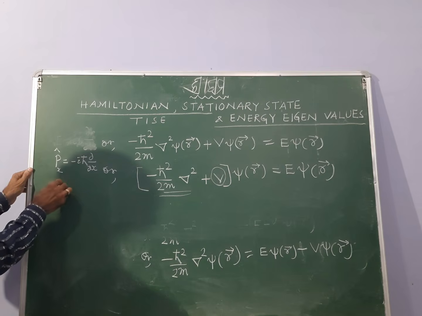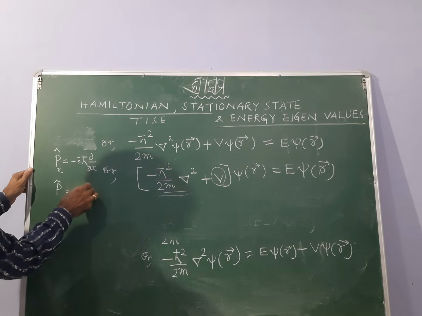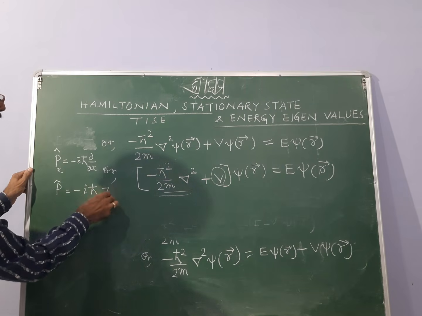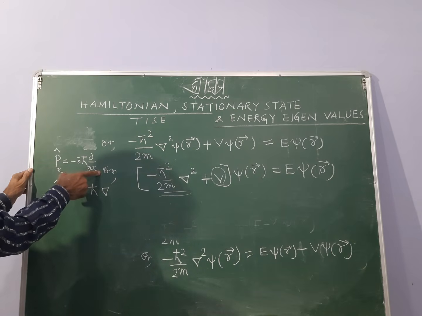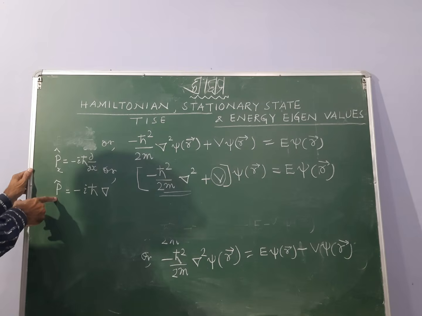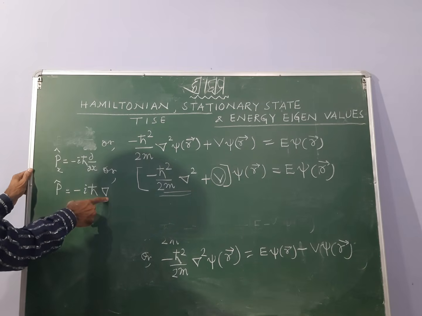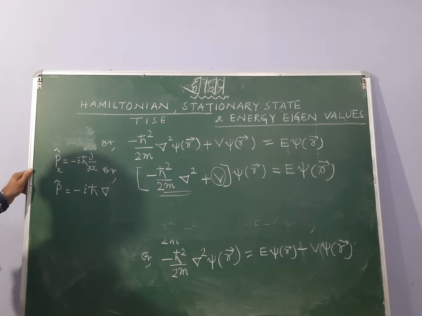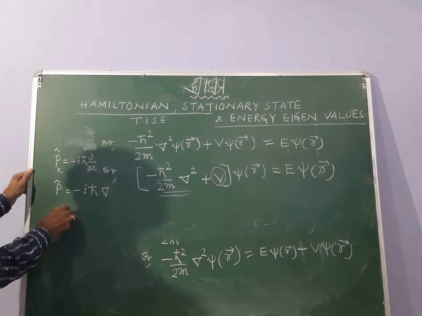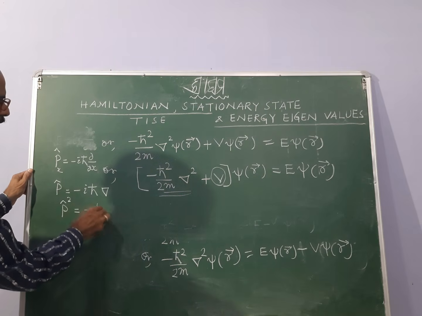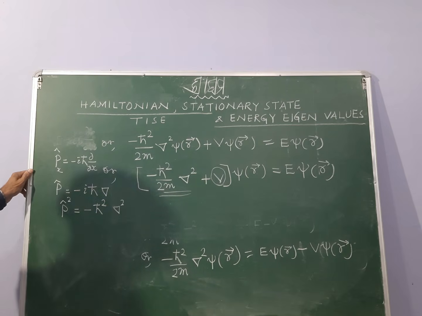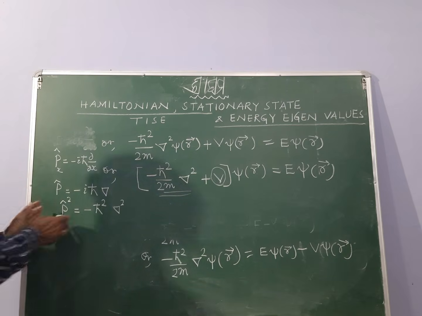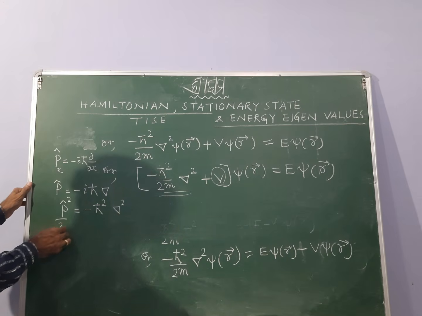If I write p, then minus i h cut grad. Since it is the x coordinate there, it is x, but here all coordinates are involved, so I am writing grad. Then our p square will be minus h cut square grad square. Let me divide by 2m on both sides.